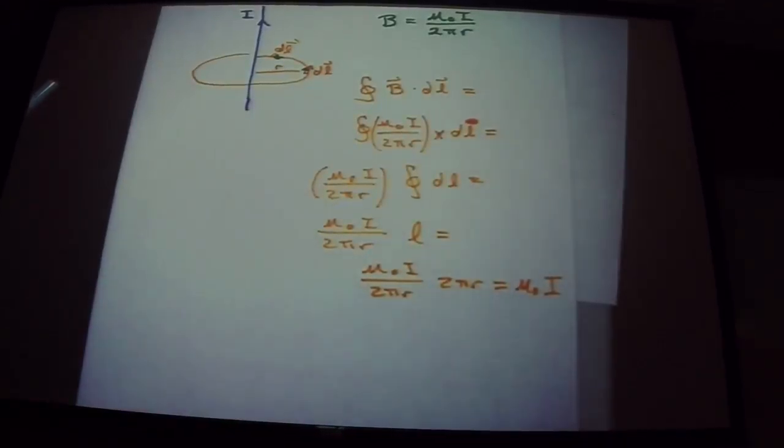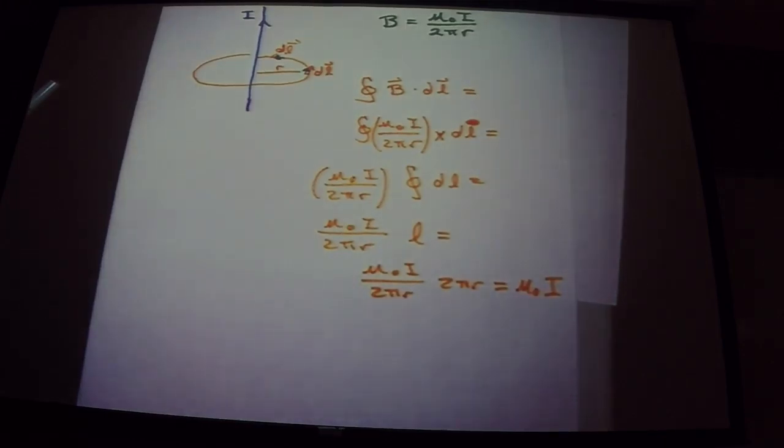Now, Ampere's law generalizes this to all magnetic fields and all currents. I could have done a fancy derivation, but none of you have vector calculus yet, so I'm not going to do it. It's been forever since I've looked at the derivation of Ampere's law using the Biot-Savart integral.